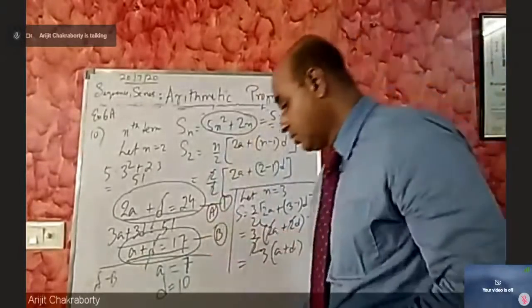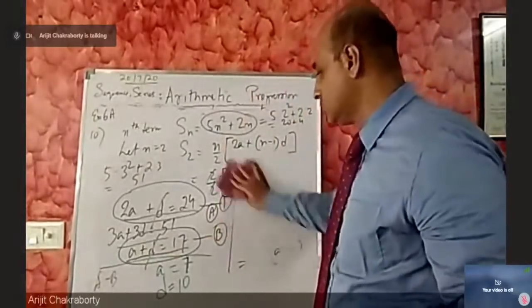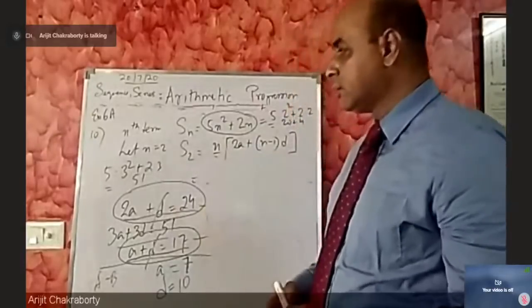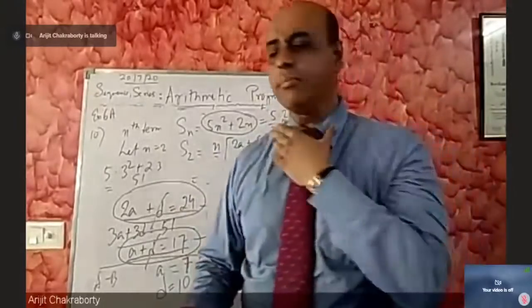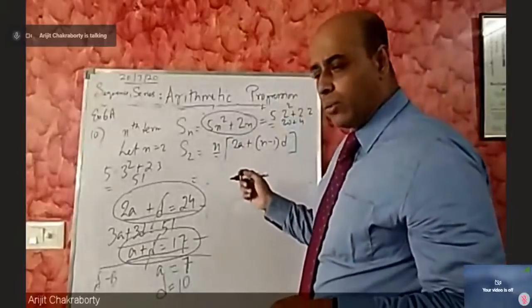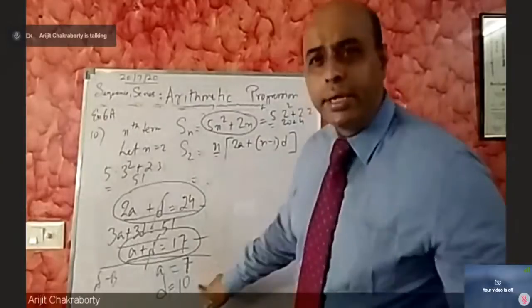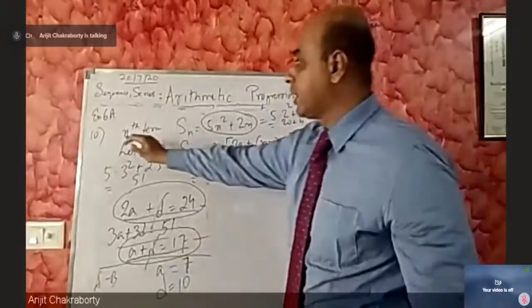Okay? So let me just rub up this part. So it's a little bit long question, long answer, so many steps, but once you get accustomed to it, it will take less time. But it's not a very easy question, you can see. Now what I do is, I have got a equal to 7 and d is equal to 10. So I put that in the equation. I have to find out the nth term.